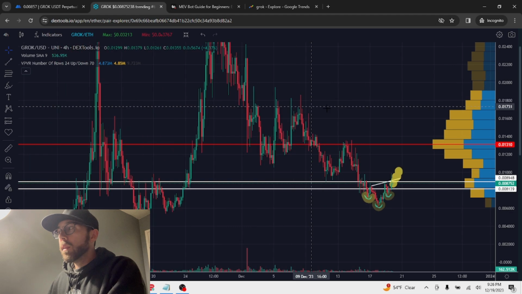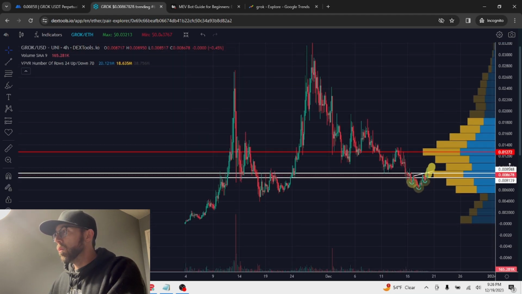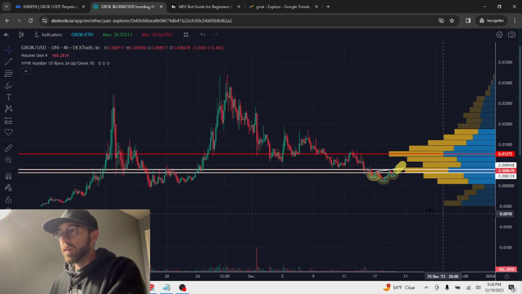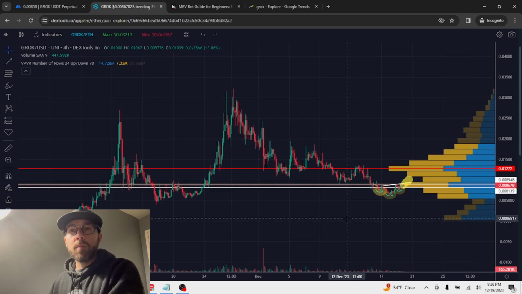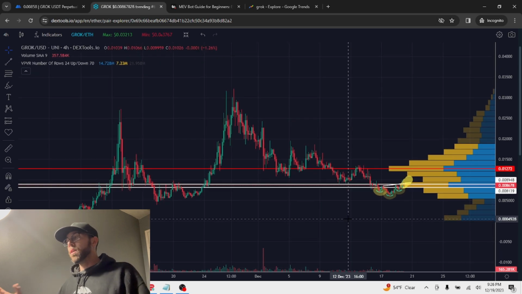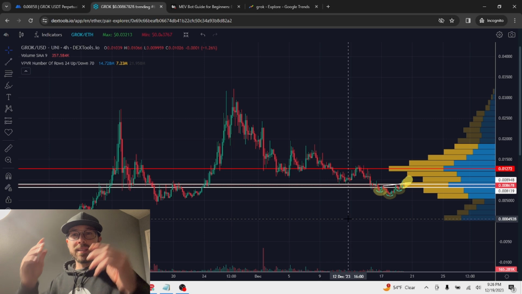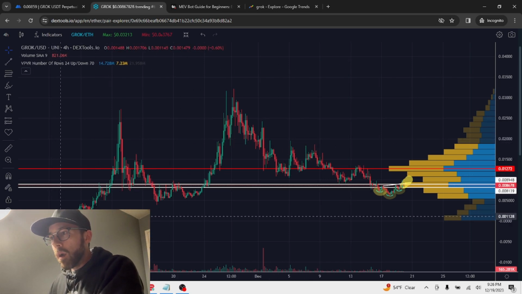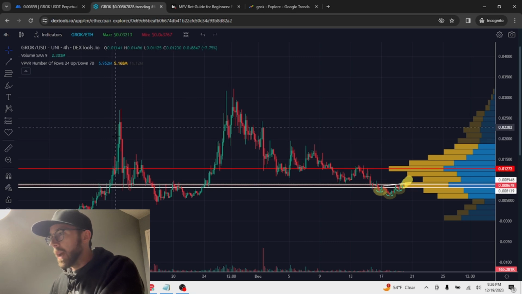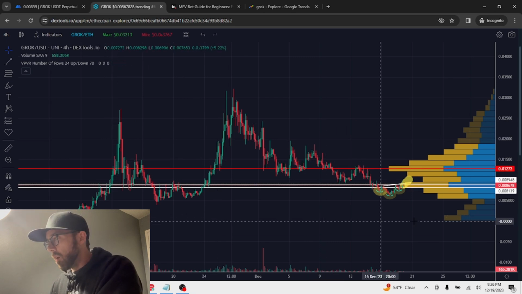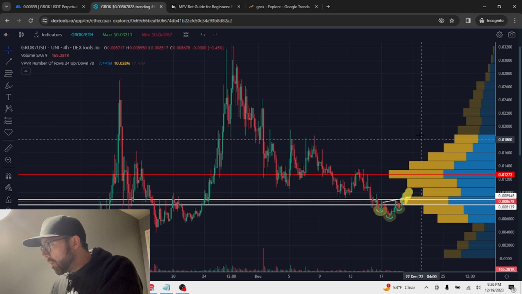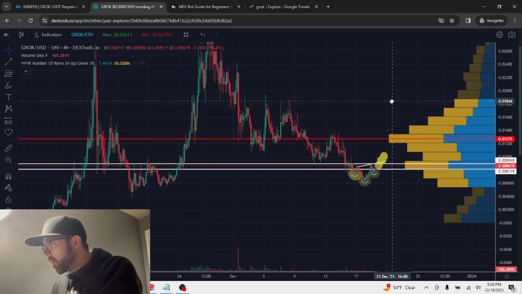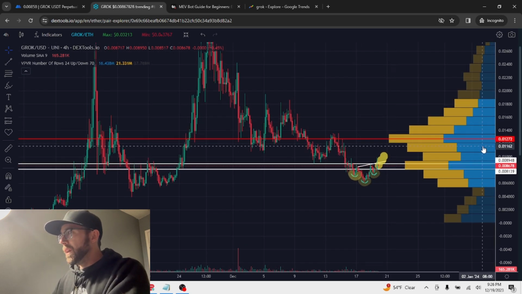This is an indicator that shows you what price points had the most action, the most volume going on. It can show you where price gets magnetized towards. If we look at it on the 4-hour, across all of the price action history since launch, you can see that there are two beefy zones.